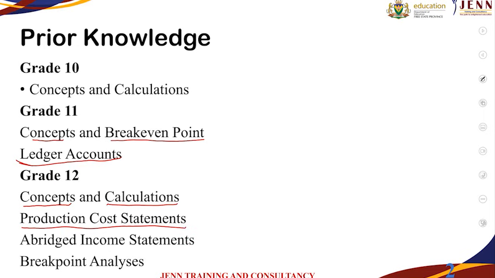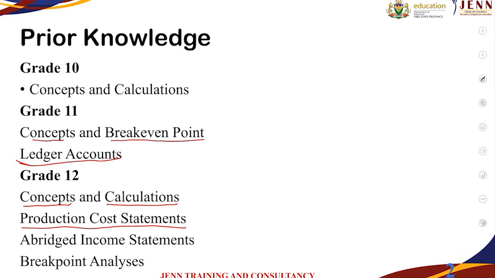Remember, in a manufacturing business, the aim is to make a profit. But before you can make a profit, you must be able to produce the goods. However, you need to look at how much you spent. So when you do the production cost statement, you'll be able to identify how much will be spent producing those goods so that you can add your markup percentage.